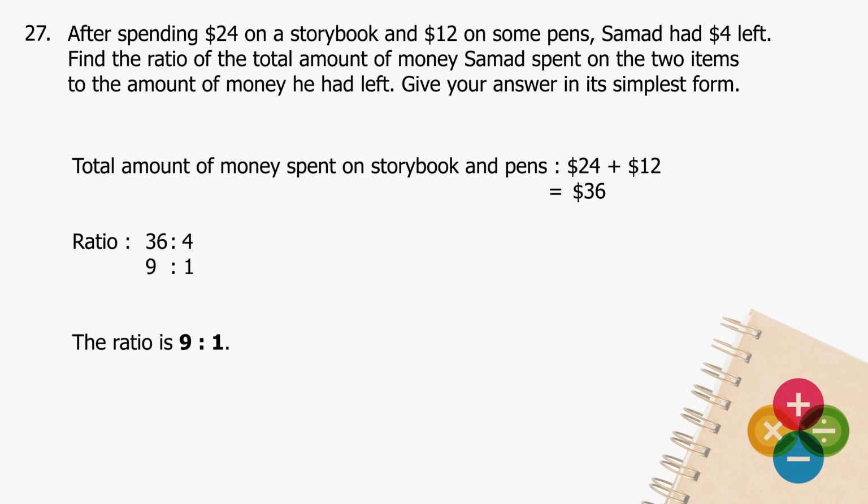The total amount of money spent on storybook and pens will be add $24 to $12, and the sum is $36. The ratio will be 36:4. Convert to simplest form will be 9:1. The ratio is 9:1.